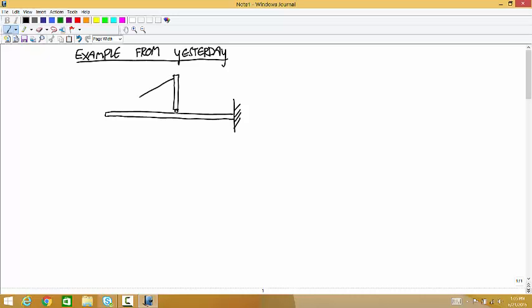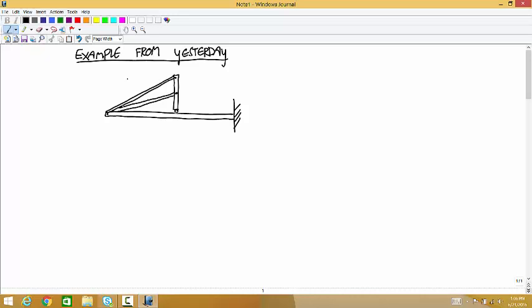And then pin joints connected a third member, and then there was a fourth member like this. And we neglected the weight. If this was the problem, who can tell me what the external loads would be?